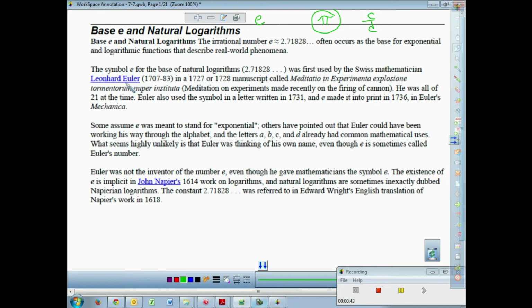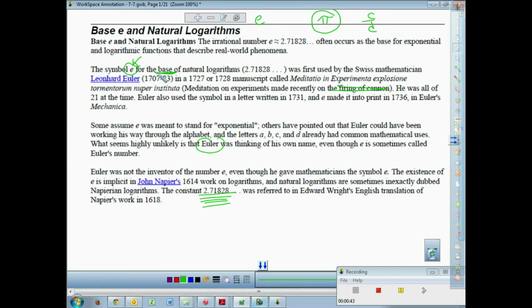And he figured out that this number, 2.71828 and so on, just kept showing up naturally in these real-life problems. Just like that weird number of 3.14159, you're like, oh, that's a weird number, here's this other weird number. Since it was irrational, he came up with the symbol e for it.